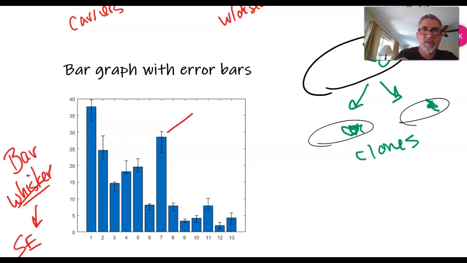So each of these little things at the top is a standard error, right? So you'll be asked to draw a bar graph this week, and it'll say include your standard errors, and that's what they're talking about. So the grader wants to see that you have both bars, and you have these little error bars inside.